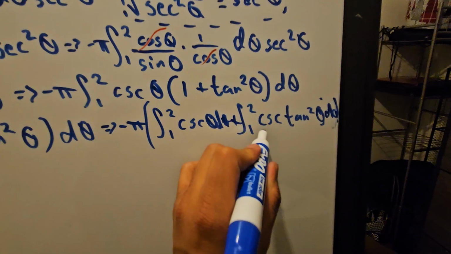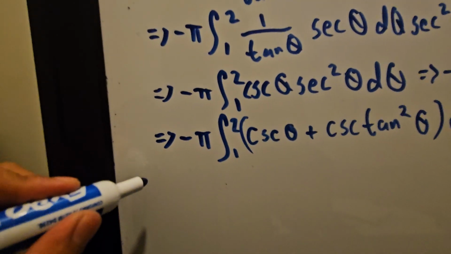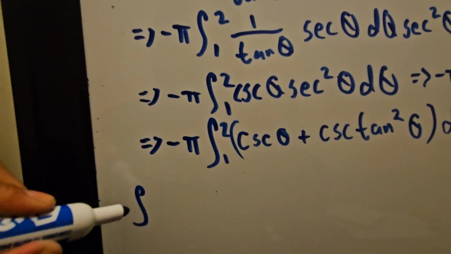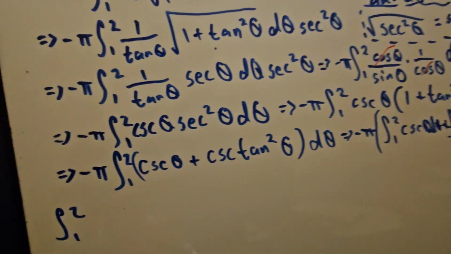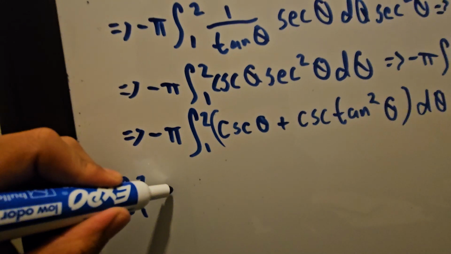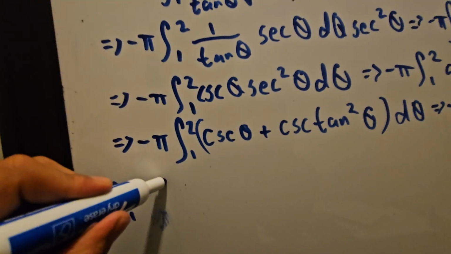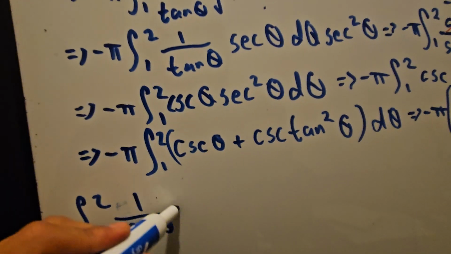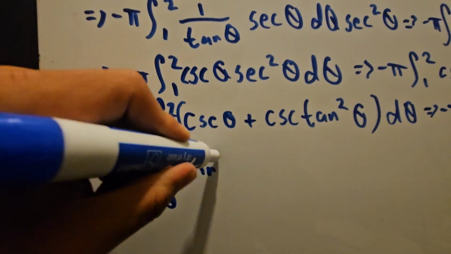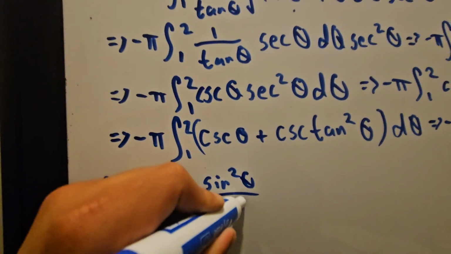Let's first solve this one. Let's save the other one for later. We have the integral of 1 to 2 of cosecant tan squared theta. Let's rewrite cosecant as 1 over sine theta times tan squared theta, which is sine squared theta over cosine squared theta.